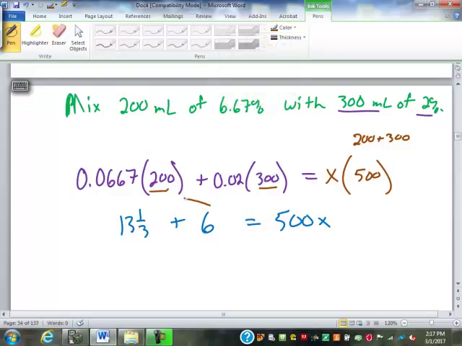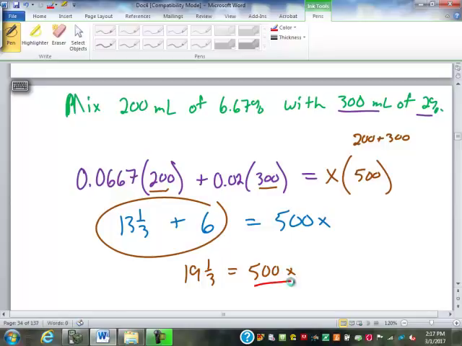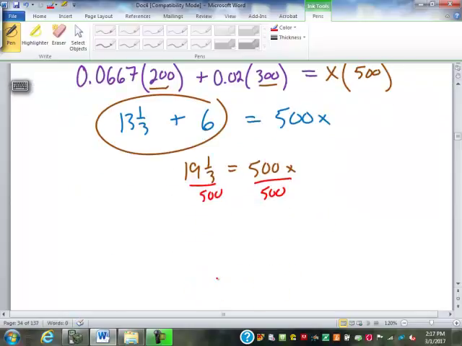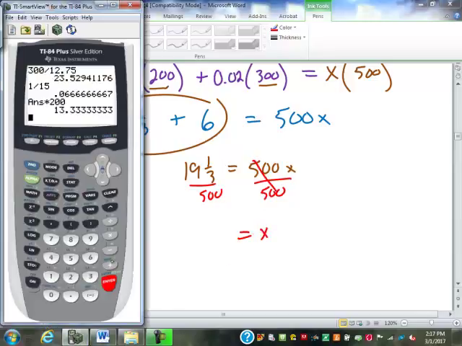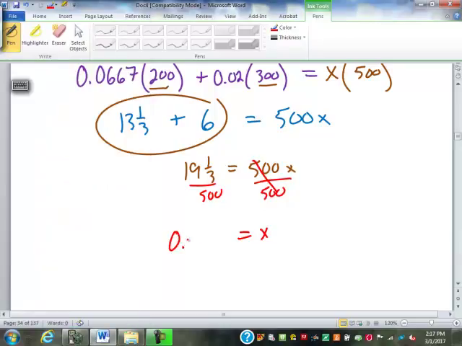So now we've got to combine here. 13 1/3 plus 6 is 19 1/3 equals 500x. And we solve for x. Dividing out the 500, we get 0.03867.